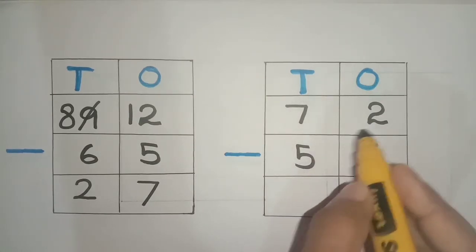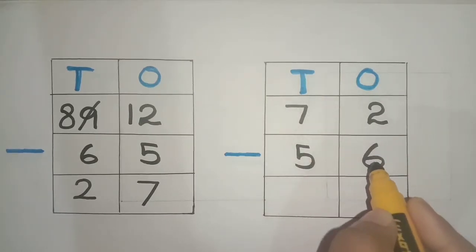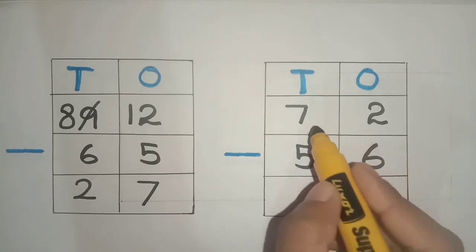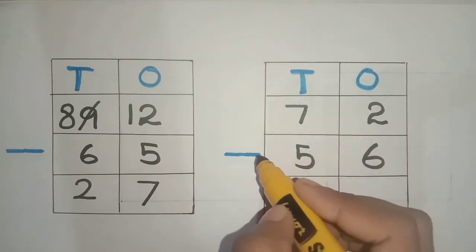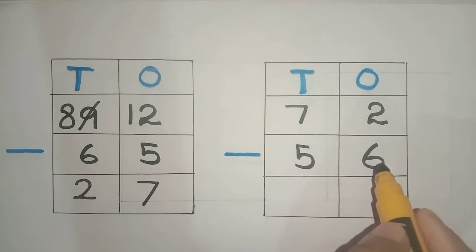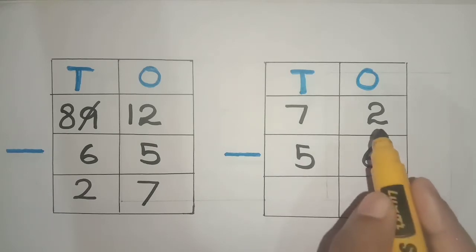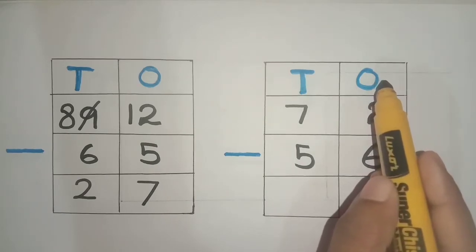Another example you can see. 72 minus 56. Say once more, 72 minus 56. Listen, children. Here we do the place of ones first.